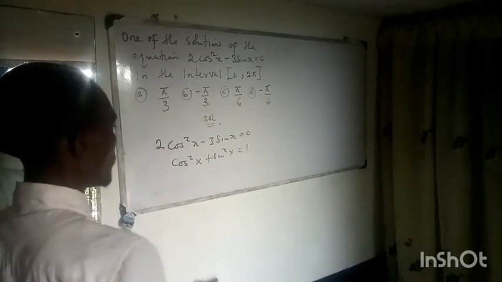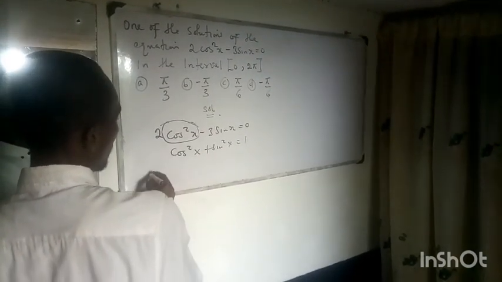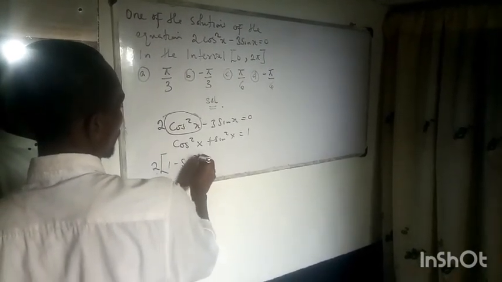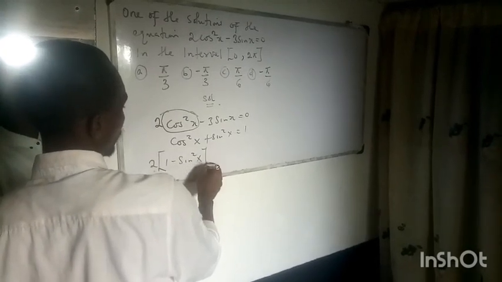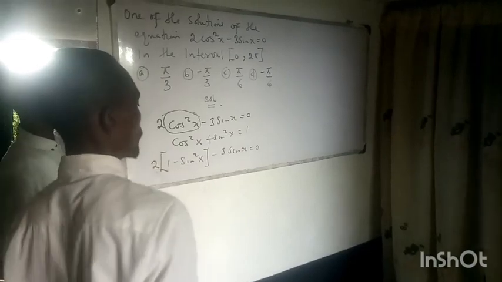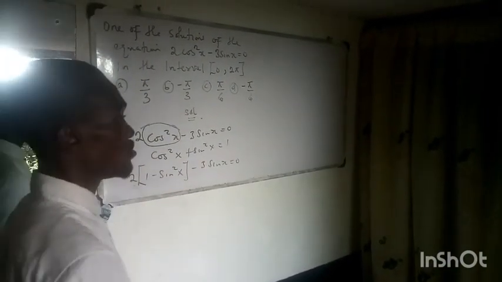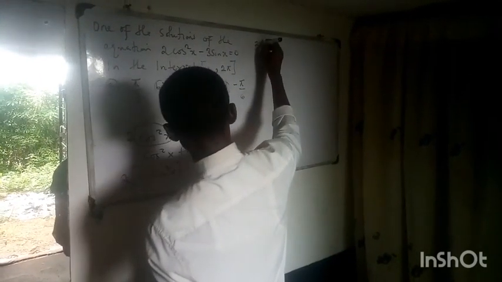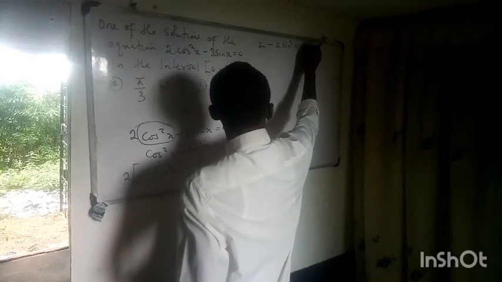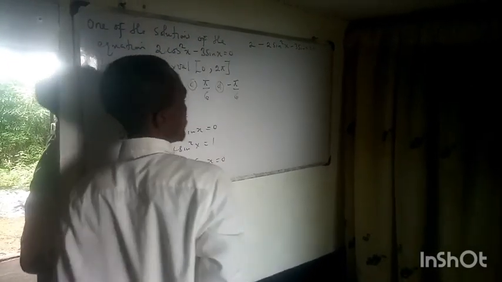So when we use this, we can rewrite this part as 1 minus sine square x. And then we can open up the brackets. We have 2 times 1 is 2 minus 2 sine square x minus 3 sine x equals 0.